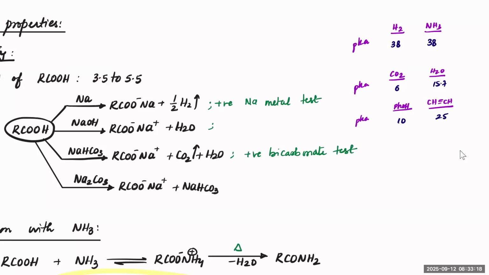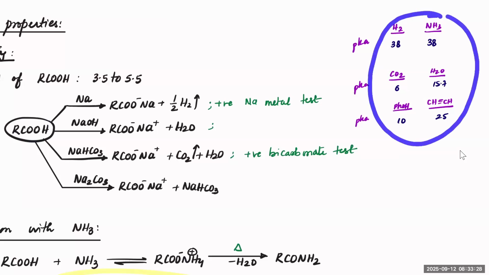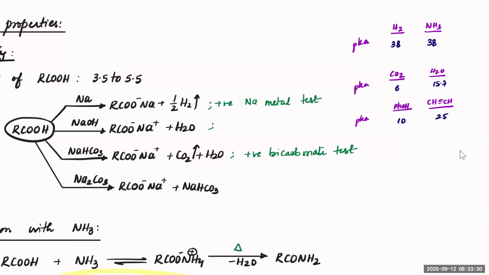This clearly shows that carboxylic acid is dominant in strength compared to these acids, which means wherever there is a chance of releasing these compounds, the acid will help in releasing them.